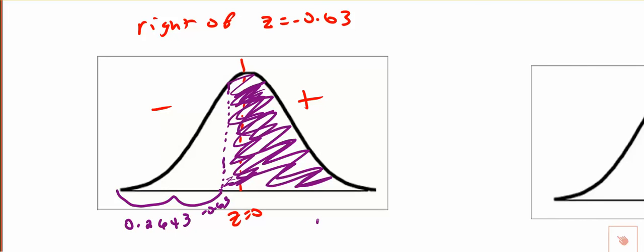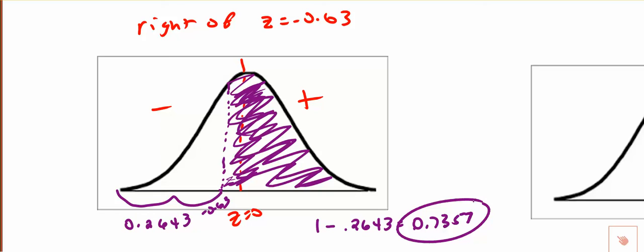So to find that, I'm going to say 1, because 1 covers the whole curve, minus 0.2643, which gives me 0.7357. So about 73.57% will be to the right of that z-score.